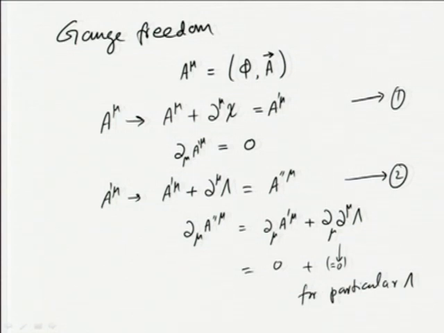So, the second transformation is not for any scalar function, unlike the first transformation where chi could have been any scalar function. Lambda is the scalar function which satisfies the condition that dou mu dou mu lambda is equal to 0.